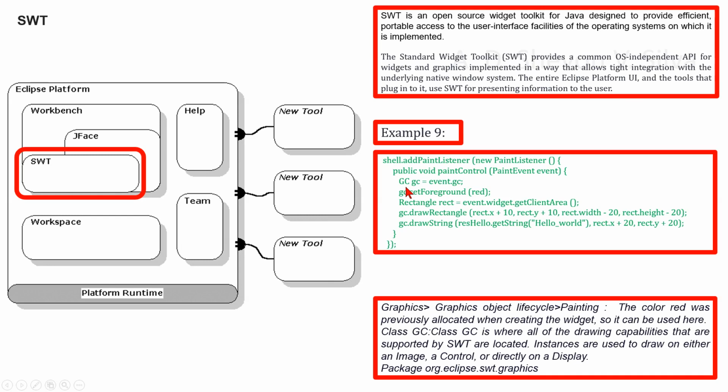You should always do your painting inside the paint listener. There are rare cases, particularly when implementing custom widgets, when you paint while responding to some other event. However, this is generally discouraged.